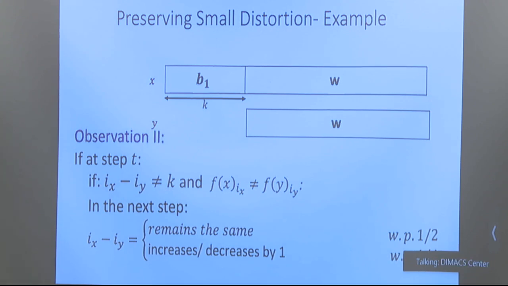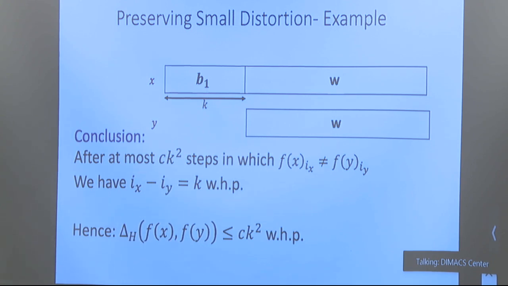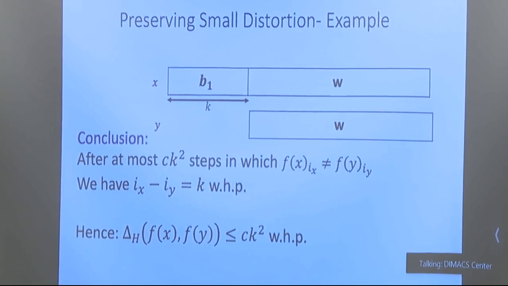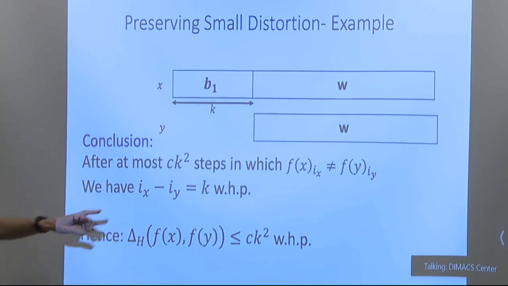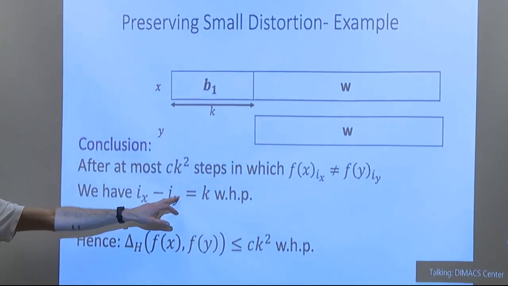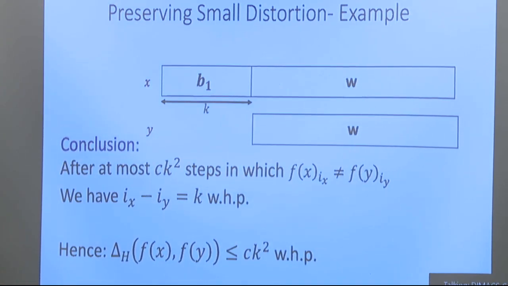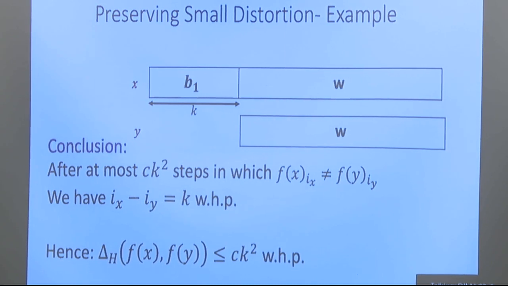So if we put these observations together, then after c times k squared steps, with high probability, the difference I of x minus I of y will be k, which means that later on we will not see any further mismatch.